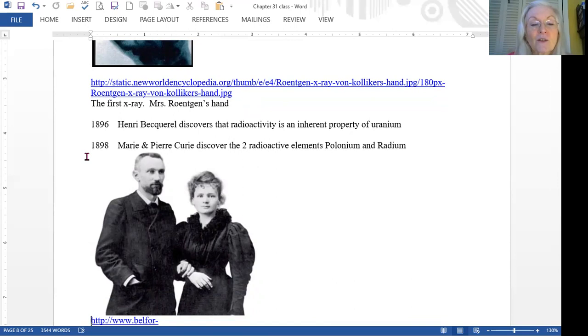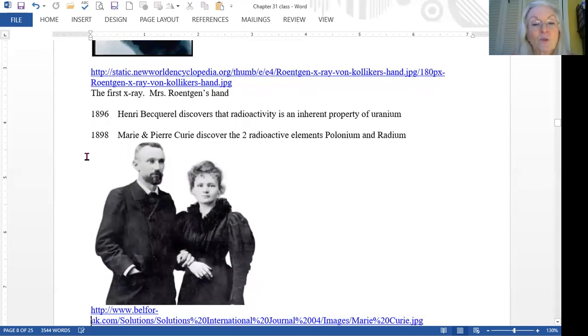Marie Curie, who was just as good a scientist as her husband, she and Pierre shared a Nobel Prize. And then after his death, she won a second Nobel Prize for her work. They had two daughters. One daughter continued her father's research along with her mother.